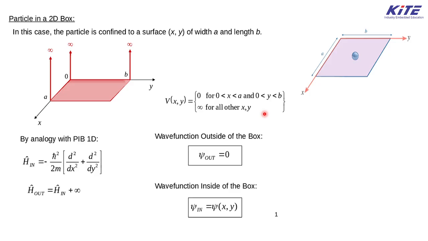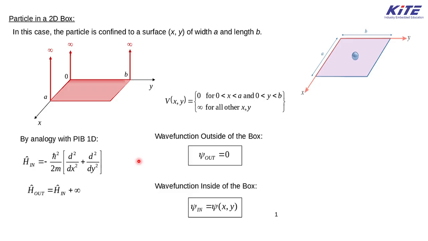Now extending the time independent Schrödinger equation for a one-dimensional system, that is minus h cross squared divided by 2m d squared psi of x divided by dx squared plus V of x psi of x is equal to E psi of x.